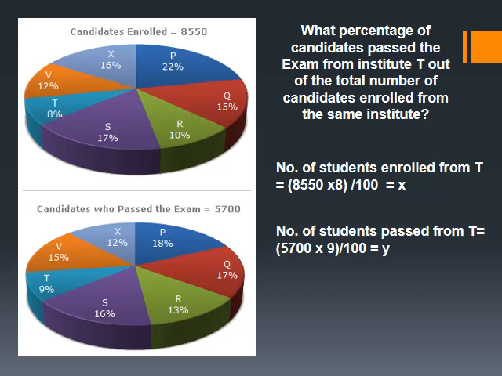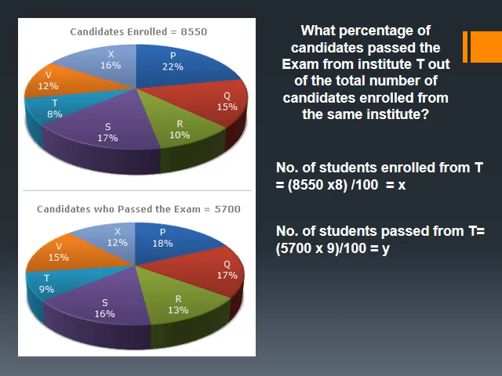What is the percentage? 9% of 5,700 have passed. So 5,700 times 9 by 100, that will give a number. So X will be the number of students who have enrolled from Institute T, and Y will be the number who have passed from the Institute T.